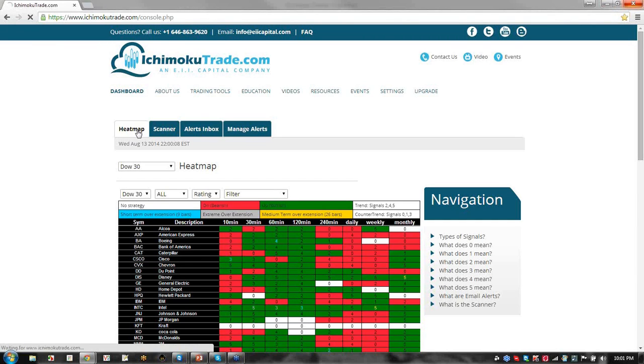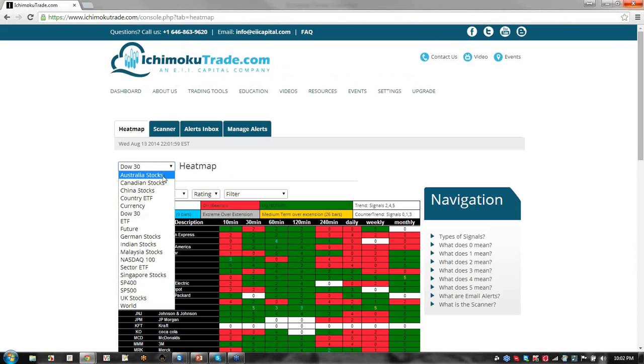Okay, so the heat map here is basically where we support all the global markets. If you come down to this drop down, you can see all the markets we support. We support the Australian market, Canadian market, China market. In the U.S. we have the country ETFs, so you have India, Malaysia, Singapore. If you're looking to trade a particular country based on my global stock video, you could come over to these country ETFs, find the ETF that relates to that country, and trade it with stocks or options. We have currency, which is the Forex market.